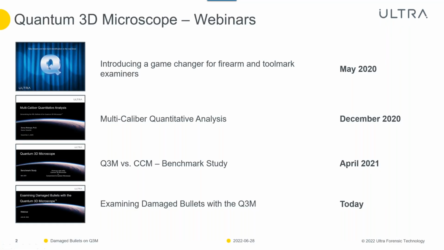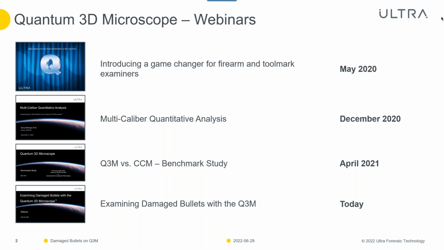In previous webinars, as you can see on the screen, we introduced the quantum 3D microscope as well as the scientific foundation for its quantitative analysis component based on 3D measurements. And we also presented a benchmark study comparing the effectiveness of using the quantum 3D microscope relative to using a conventional comparison microscope by working a case scenario involving test-fired bullets from multiple firearms.